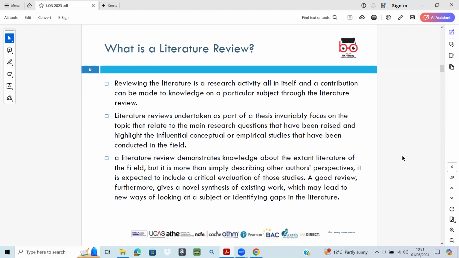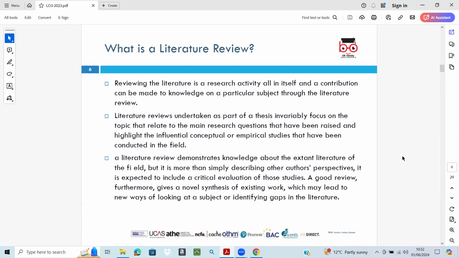Then we have relevance to the research question. The primary focus of a literature review, especially in a thesis, is to address and relate to the main research question. This makes the literature review integral to setting the context of your own research. Then highlighting key studies.